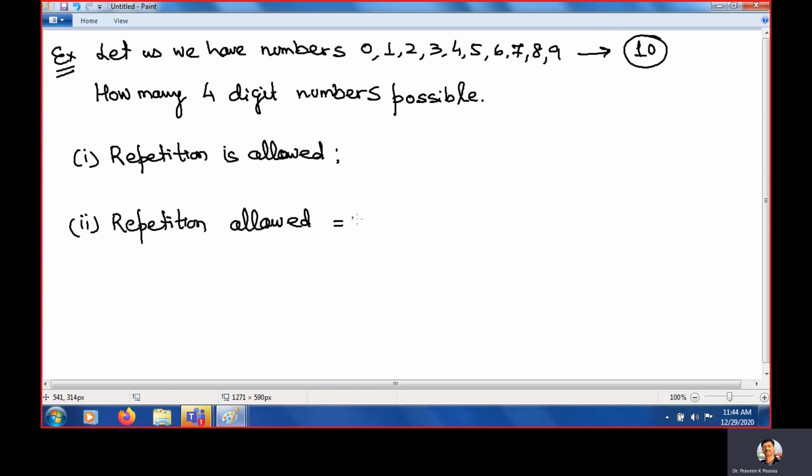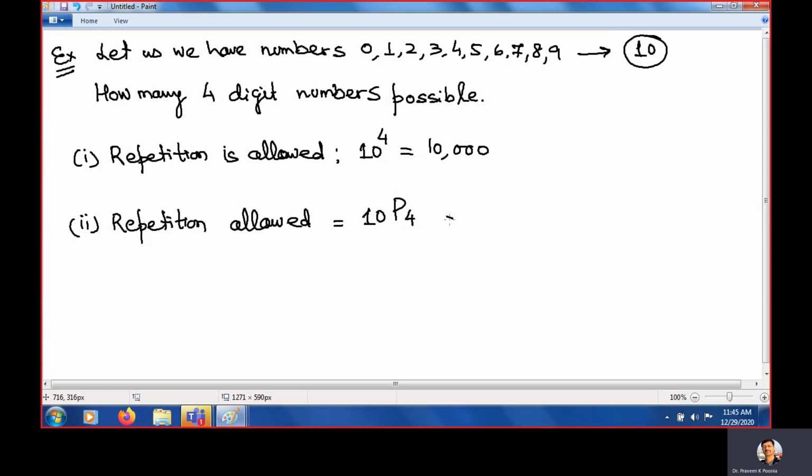So repetition not allowed means how many total numbers? 10. And how many digits do we need to take? 4. So 10p4. And repetition allowed means n power r. So 10 power 4, and 10 power 4 is 10,000. So there are 10,000 ways.